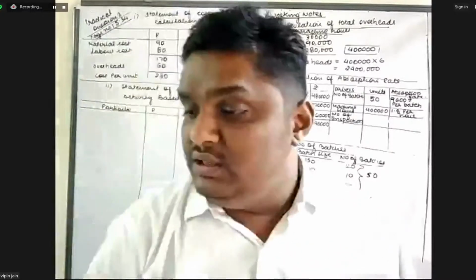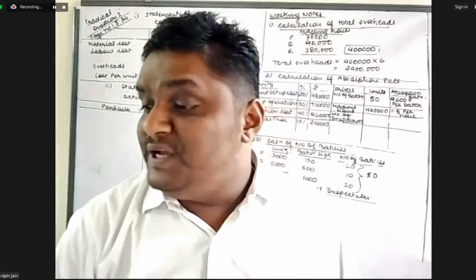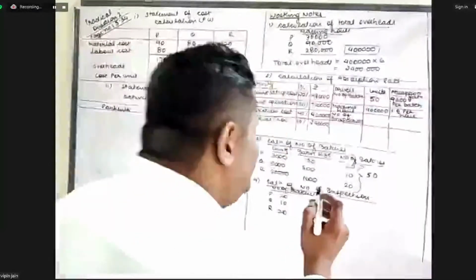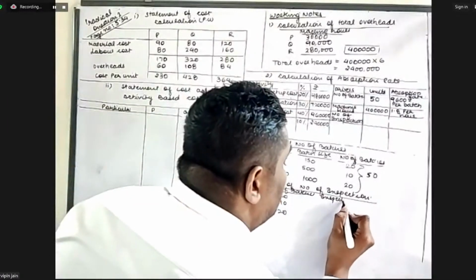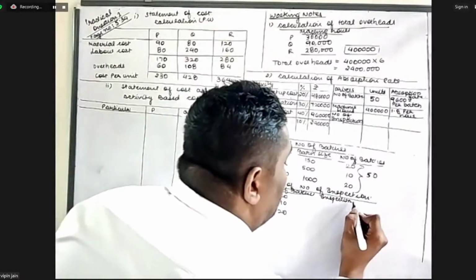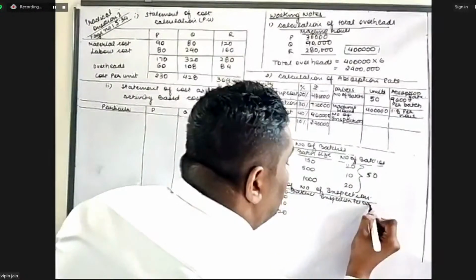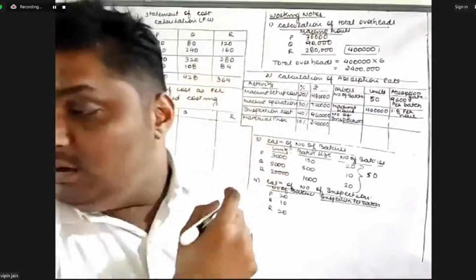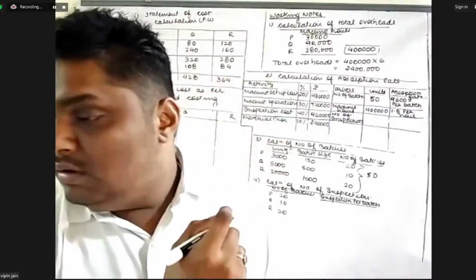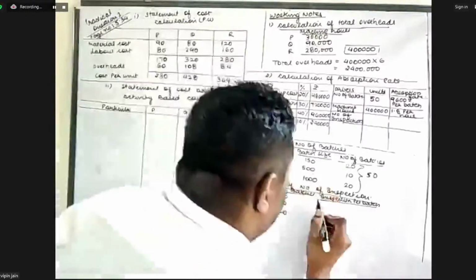Now it is given in the question that the number of inspections per batch is 5, 4, and 3.